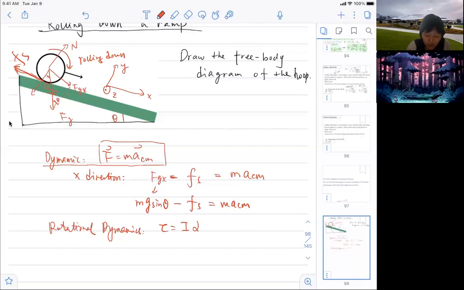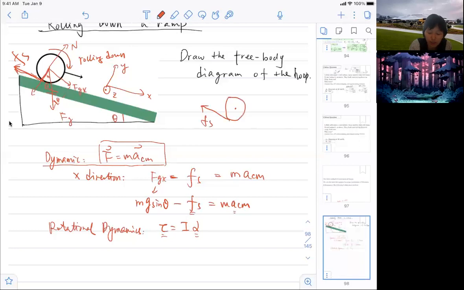We're going to use this again because we know that friction is causing this torque, and I can probably relate my alpha to my a. So I'm able to combine all this information together. So what is the torque generated by the friction? Torque is force times the lever arm.